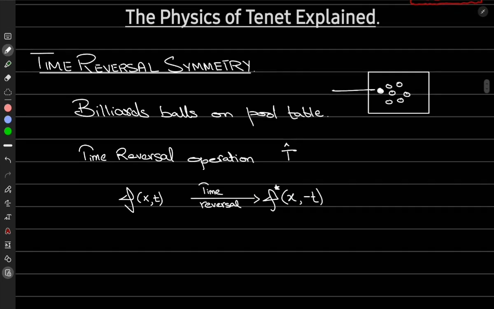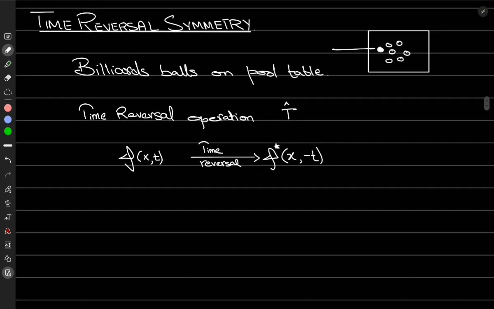Now, you can see immediately how this time reversal operator then acts. So if I take my system and I act the time reversal operator on my system, then this just becomes the complex conjugated wave function, x comma minus t, right?